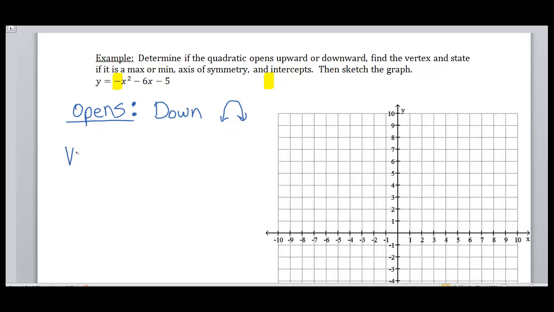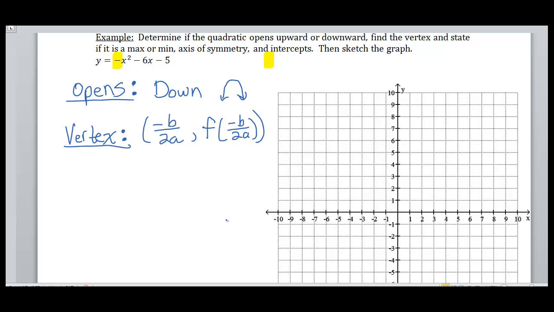Now I'm going to find my vertex, and this is the confusing part for some people. It is an ordered pair. It is a point. Something that you have to remember is negative b over 2a, comma f of negative b over 2a. That's just given to you in function notation. So I'm going to first start by finding negative b over 2a, which is my x coordinate.